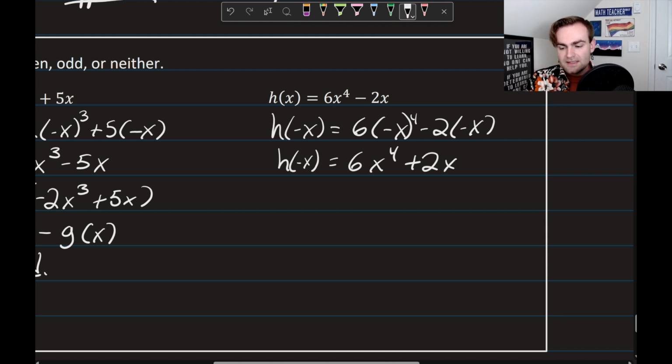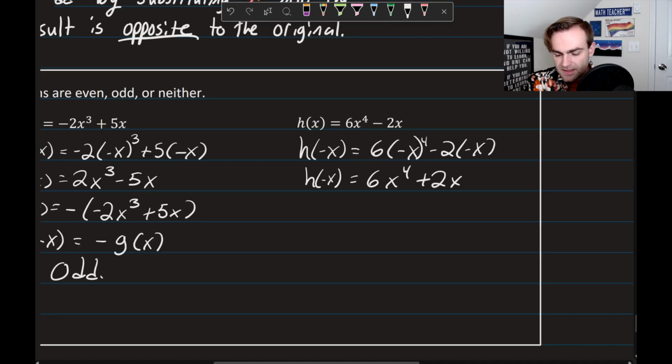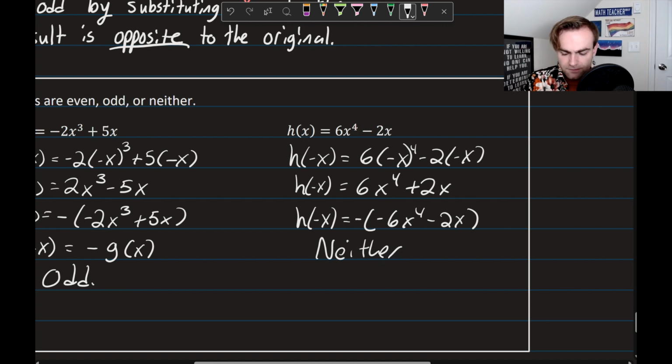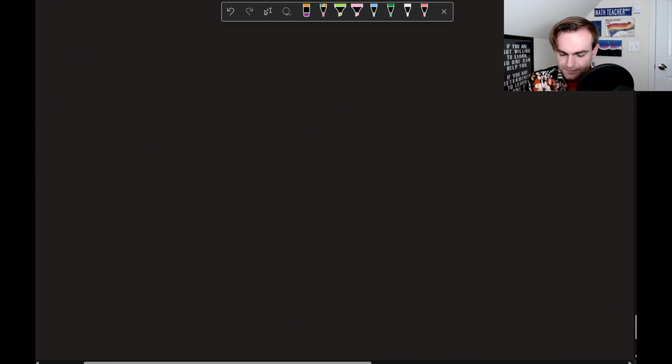So if I look at this, it's not the same. So it's not even. Let's try factoring out a negative and seeing what happens. It would be negative 6x to the fourth minus 2x. That is also not h. So because neither of those are h, this is neither. All right. Hopefully not too bad.